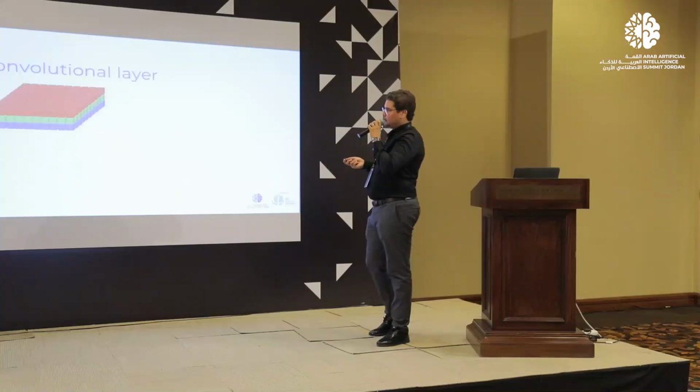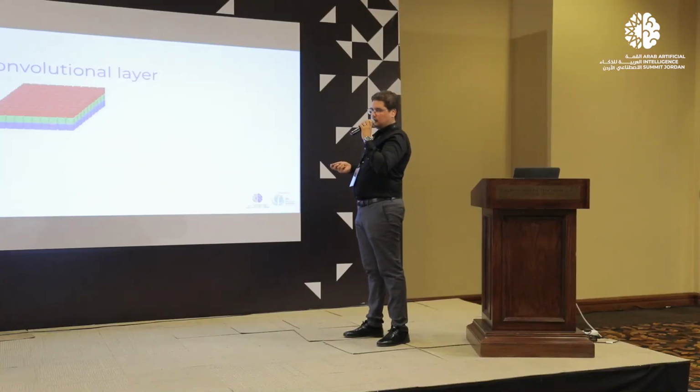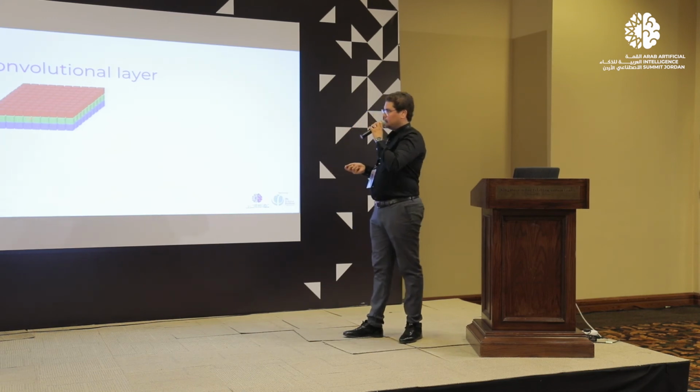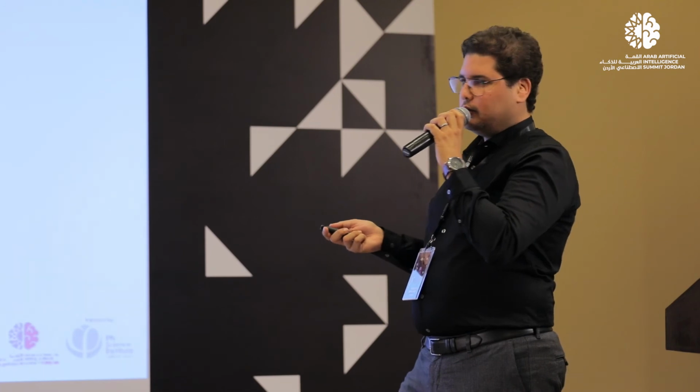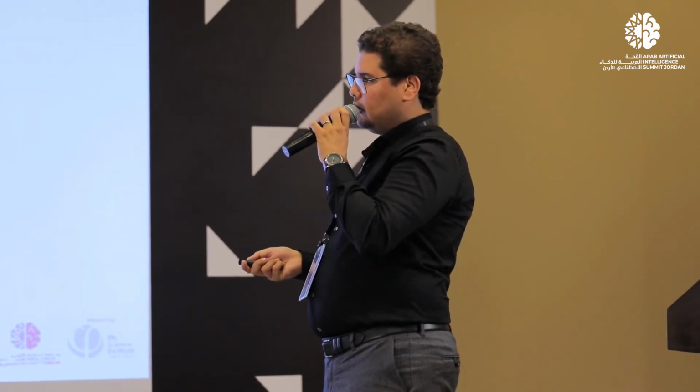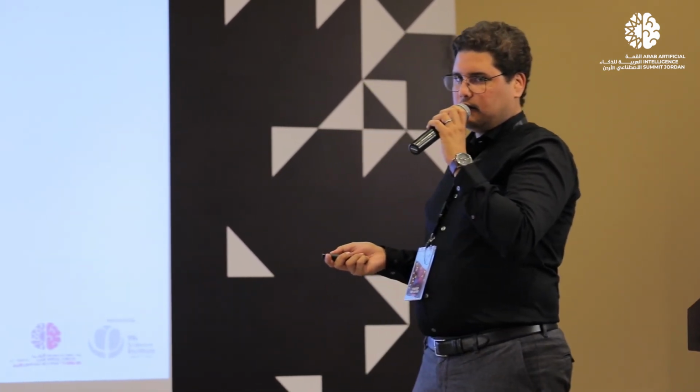We want the original image to stay the same size, the same length and width, because it contains spatial information. So we are not going to flatten it anymore. We will use convolutions instead of fully connected layers.